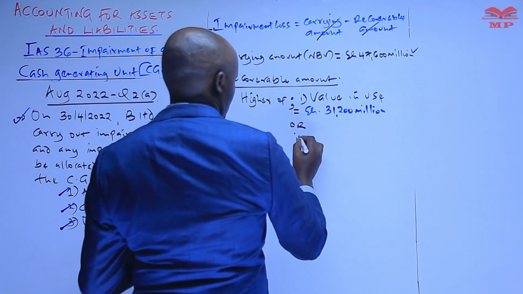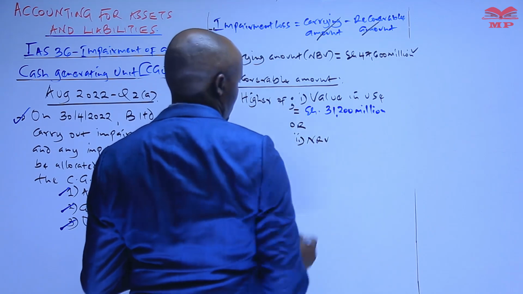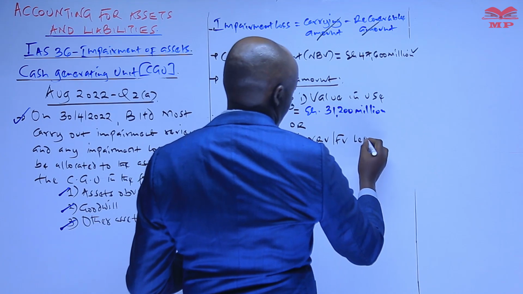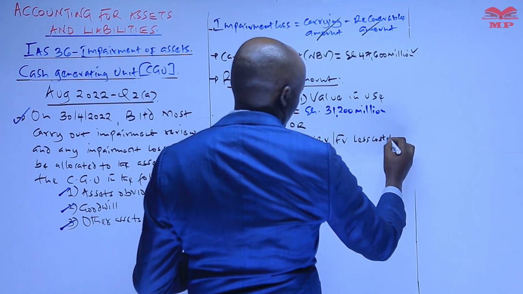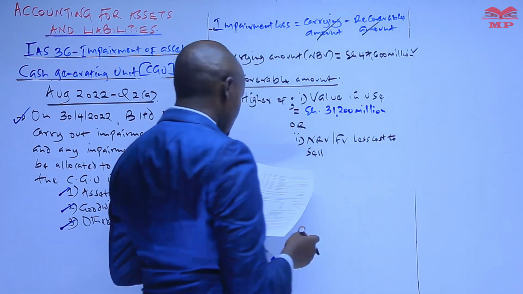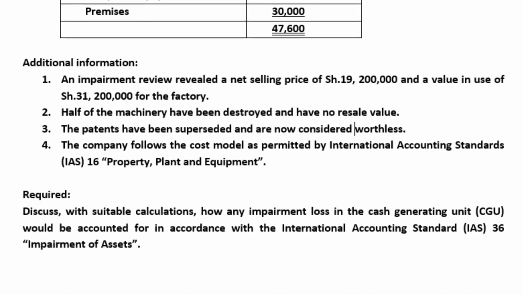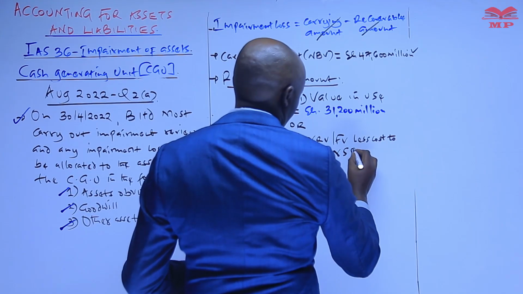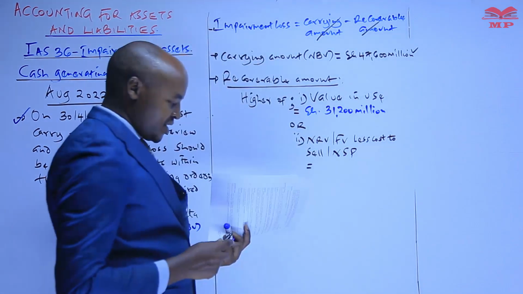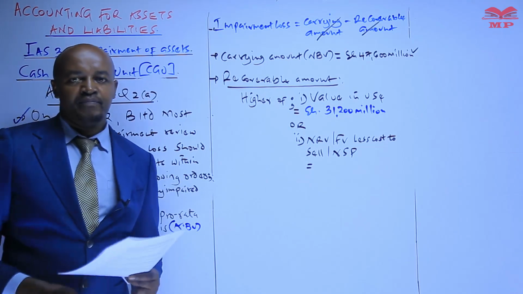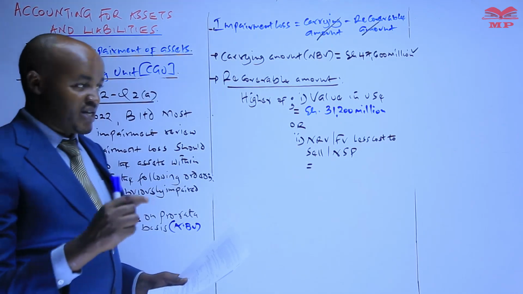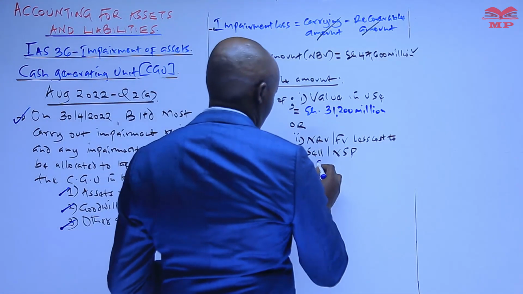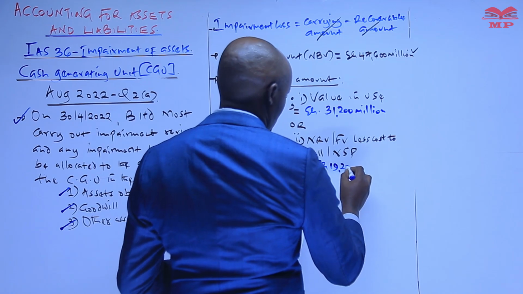Roman 2, the net realizable value. The net realizable value, in other terms, is the fair value less cost to sell. And this is what in the additional information number 1 is given as the net selling price. The net selling what? Price. Because when we talk about the net selling price, this is the amount which the company will receive after selling the asset minus any cost which will be incurred by the company in selling that what? Asset. And this is given as 19,200 million.